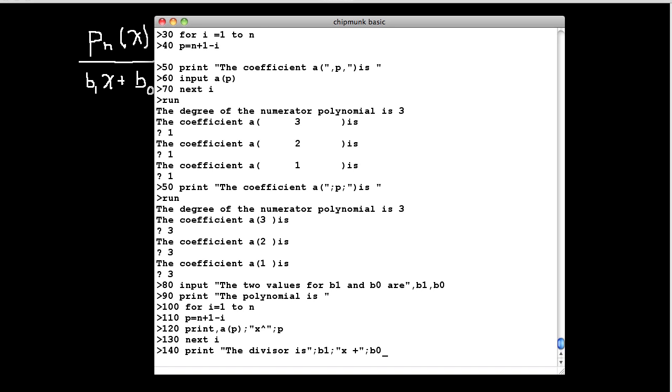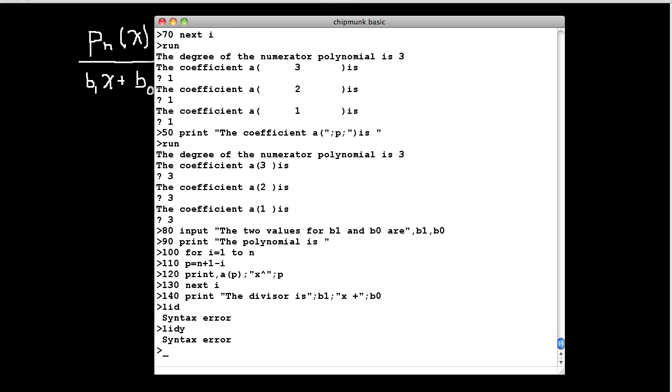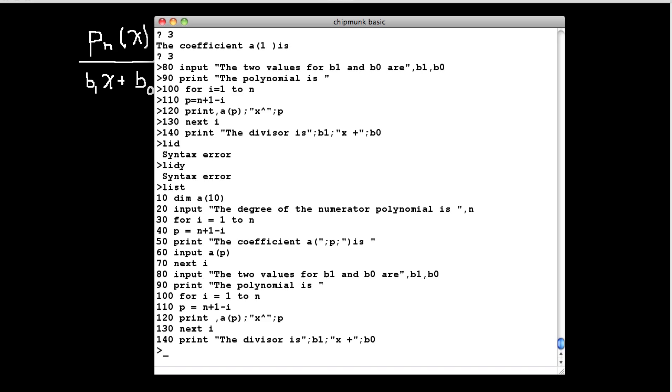I hope that's right. Let's see what I'm listing. Oh, list. Okay. I have list dimension A10, input degree. Let me try running this.